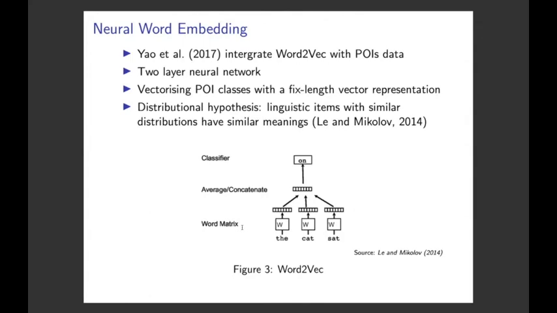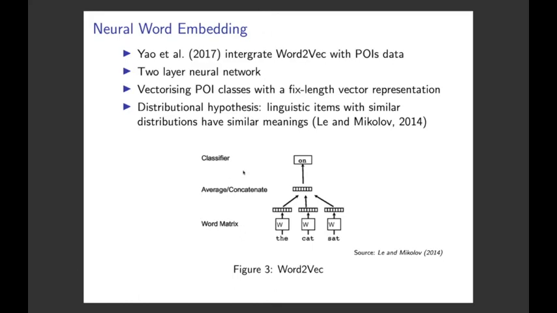If you listened to the presentation from Professor Chen Tao yesterday, you have a brief idea about neural networks. Neural word embedding is not deep learning. It's just a two-layer neural network. In 2017, Yao integrated the word-to-vector models with point of interest data.